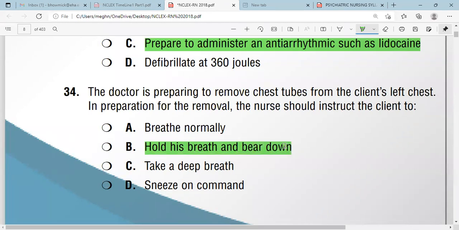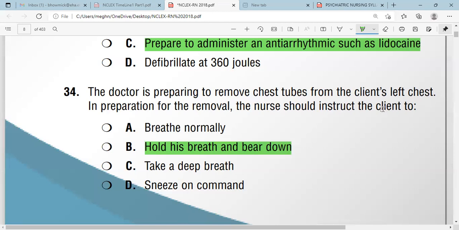This is the maneuver. The client should be asked to perform the Valsalva maneuver, hold his breath and bear down. It is also known as the Valsalva maneuver. So the doctor is preparing to remove the chest tube from the client's left chest. In preparation for removal, the nurse instructs the client to do the Valsalva maneuver.